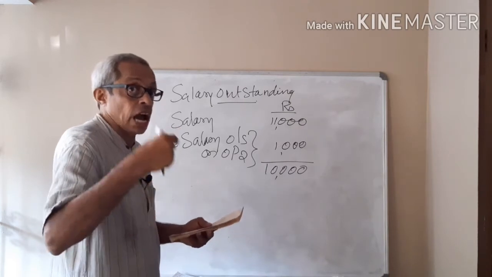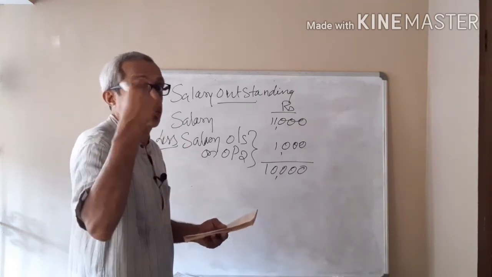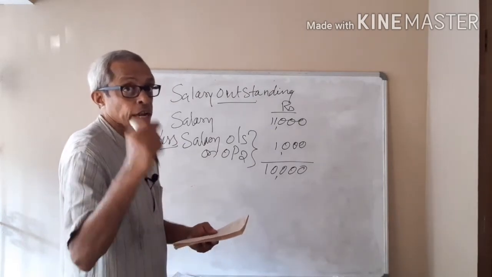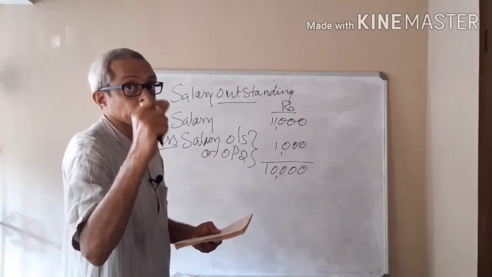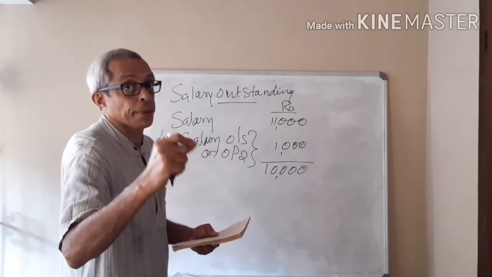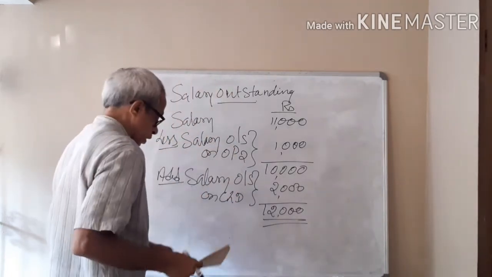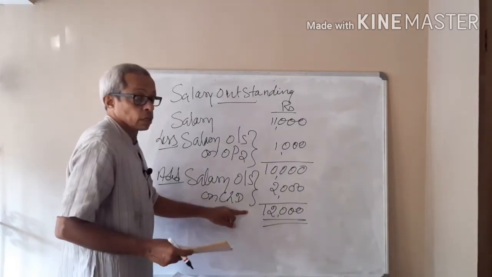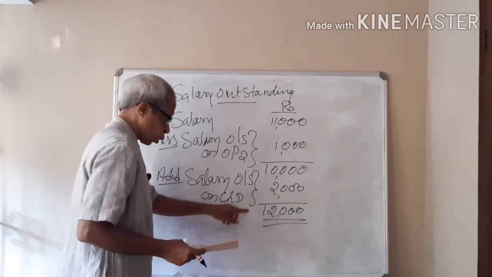Therefore, salary accrued but not paid on the closing date, that is salary outstanding on the closing date, may be added to the salary paid during the year. The amount of salary to be debited to income and expenditure account is 12,000.